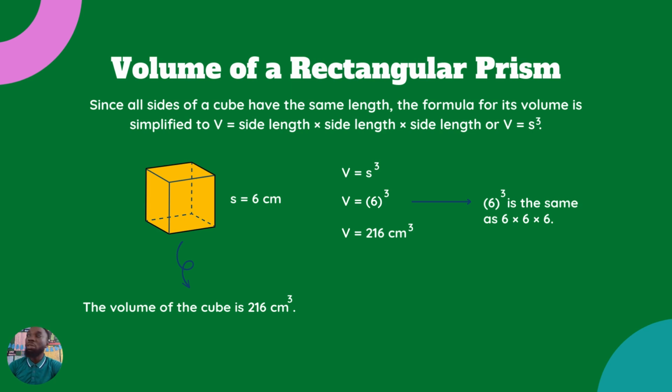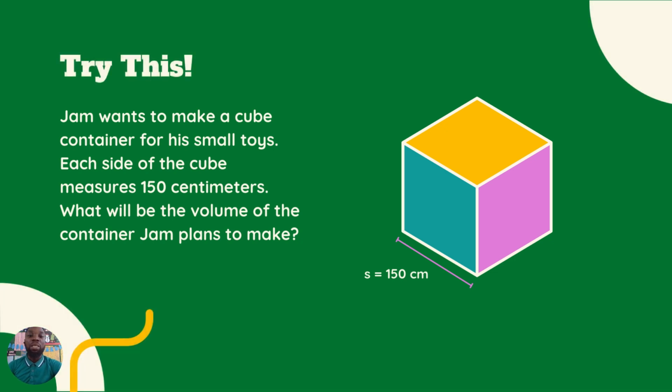That is 6 raised to power 3. So 6 in 3 places will give us 216. So the volume of the cube is 216 centimeter cube.